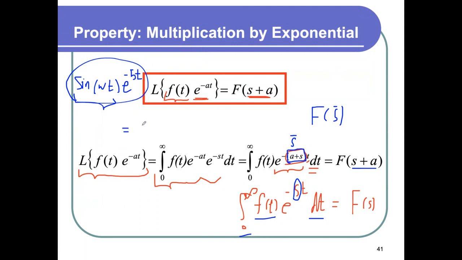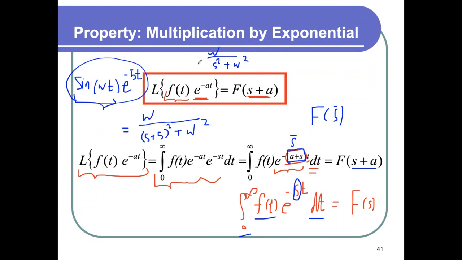So for the sine function, the Laplace transform was omega over s squared plus omega squared. So here we have (s plus 5) squared because we shifted it due to the exponent. Then we have plus omega squared. Why? Because the Laplace transform of the sine was omega over s squared plus omega squared.